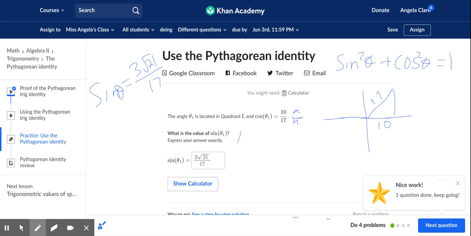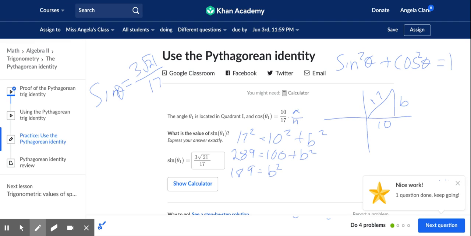So I have 17 squared equals 10 squared plus, let's call this b squared. 17 squared is 289, we did that earlier, equals 100 plus b squared. Subtract 100 from both sides. 189 equals b squared.